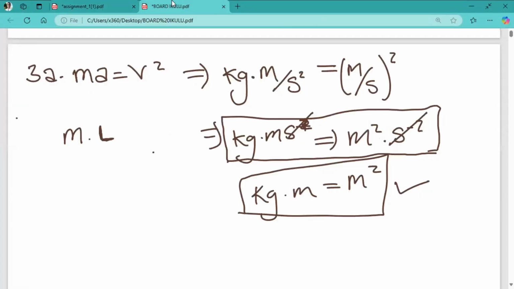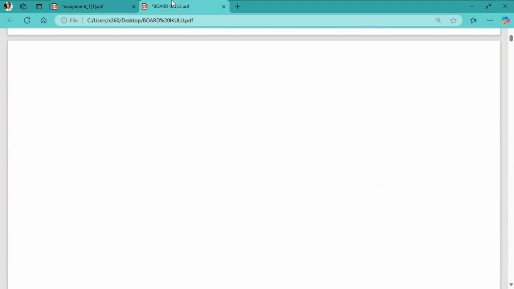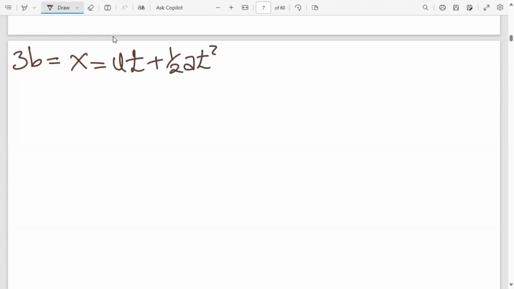Okay, so that is part B. 3B is saying x is equal to v initial, so I'll just use u for initial velocity, ut plus half at squared, like this. Okay, so let's check if the equation is dimensionally consistent by checking the units on the left and the right hand side.